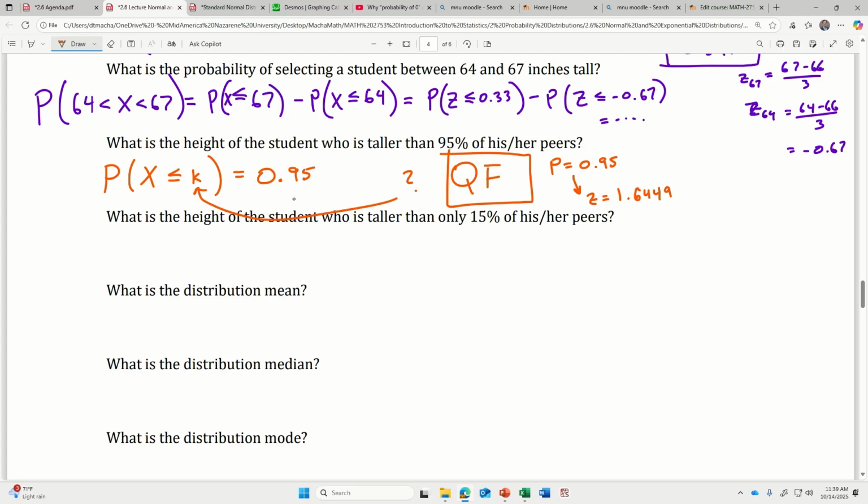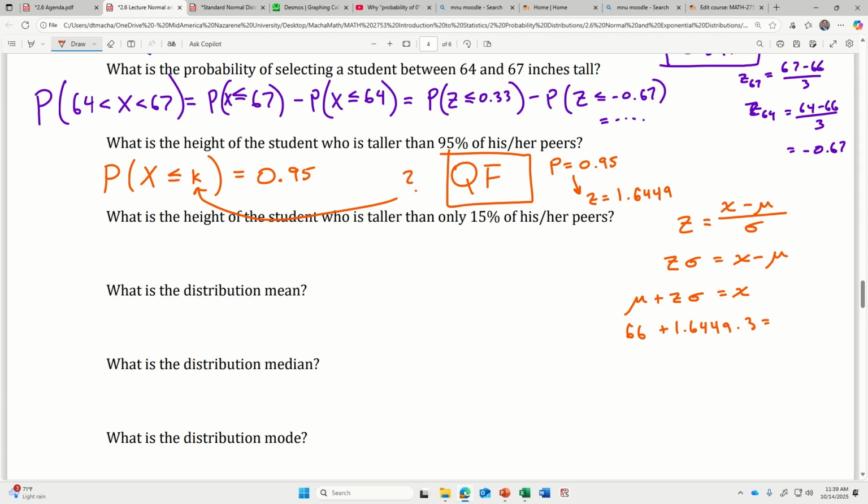And then how do I convert a z-score into a measurement? Well, I have to multiply the z-score times the standard deviation, and then I have to add the mean to get my measurement. So my mean is 66. My z-score is 1.6449, times the standard deviation, which is 3.